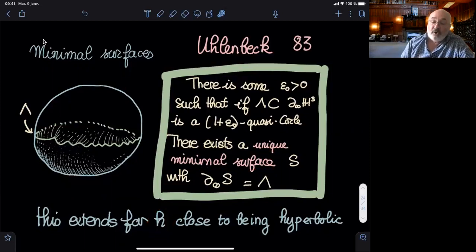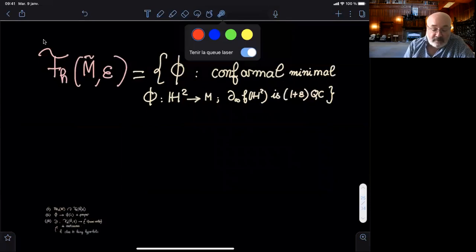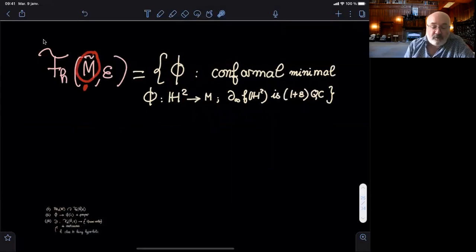Using this Uhlenbeck result, in the same way that we said that a geodesic is defined by 2 points at infinity, we can do that for minimal surfaces. So let's consider the analog of the geodesic flow. We consider the space where M twiddle is the universal cover, h is a metric which is close to being hyperbolic again, and epsilon is some number less than the epsilon zero which appears in Uhlenbeck's result.